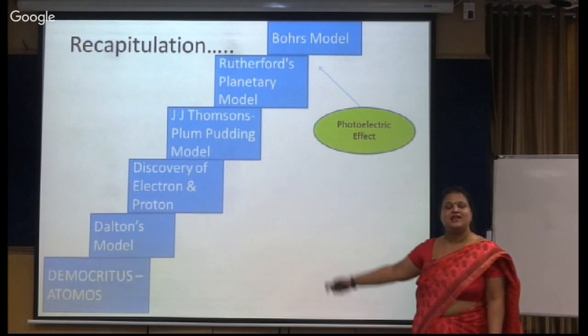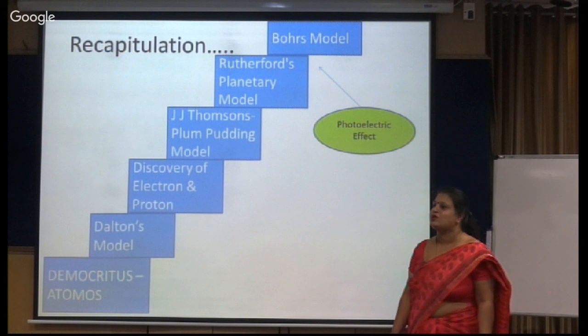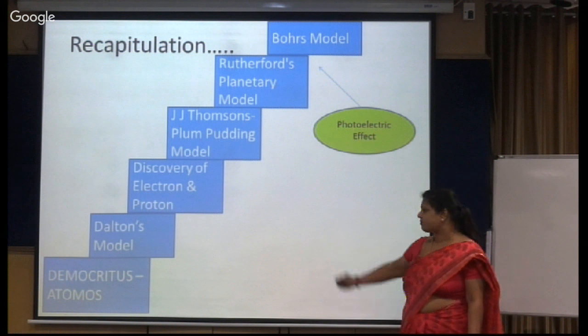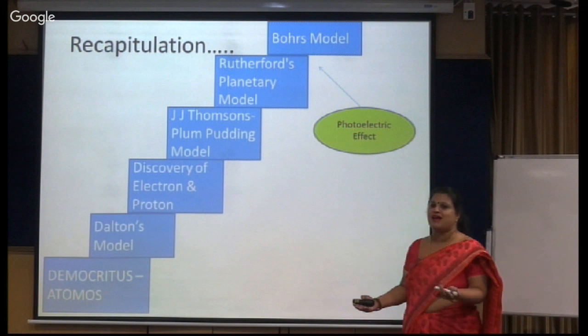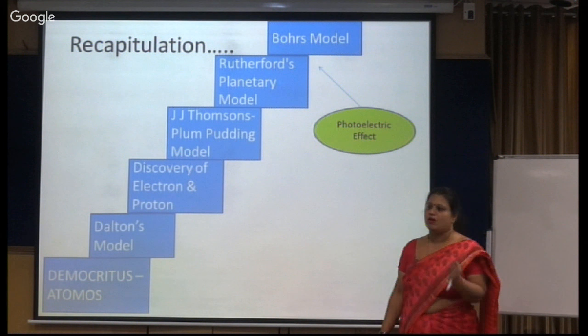Now, basically, last time we talked about the structure of the atom. We talked about the various models of the atom, starting from a philosopher like Democritus. He gave the word atomos, that means indivisible, the smallest part of matter which cannot be divided.